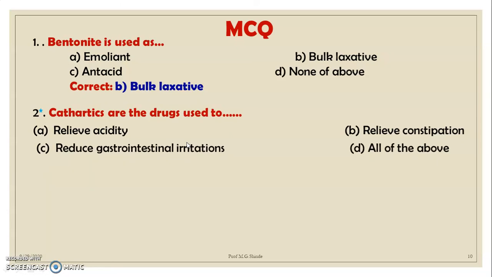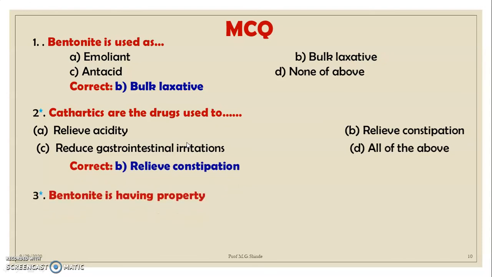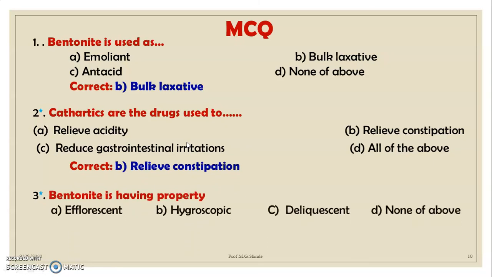These are agents used basically for relieving constipation. Bentonite has the property: efflorescent, hygroscopic, deliquescent, none of the above. The correct option is hygroscopic. It absorbs moisture.